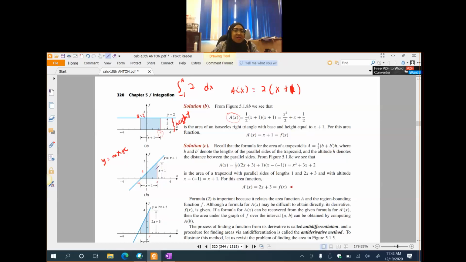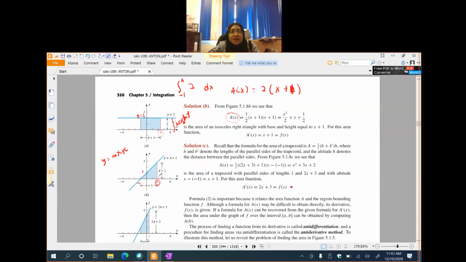If we look closely at the region, we know that it represents a triangle. Like in the previous example, it presented rectangles. For the triangle, we have a different formula for the area, which is 1/2 multiplied with the base multiplied with the height. For the base, you know that it is x plus 1, and for the height, x is the maximum of the interval.